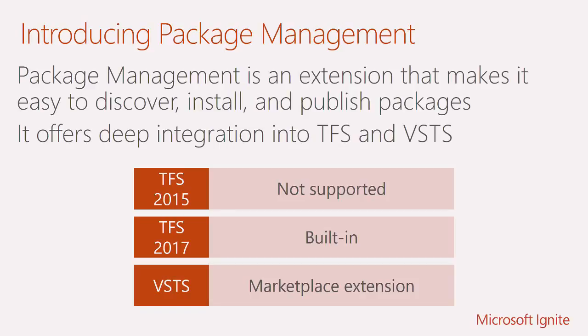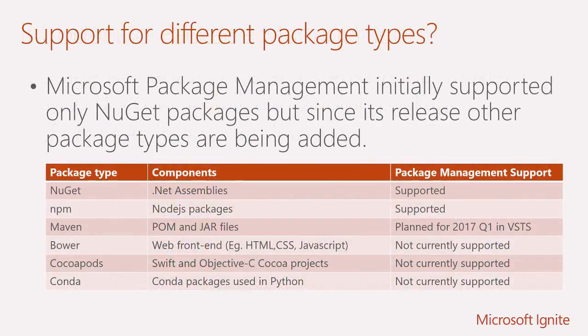Okay? So one of the nice things about it, when package management was first released as an extension in VSTS, it simply supported NuGet. And it provided support for some of the latest innovations in the NuGet space. So NuGet compatible feeds. That's probably, I'm guessing, the one that most of you would be most familiar with. With very recent updates to this, they've increased that now to also support NPM, and they're currently working on support for Maven.